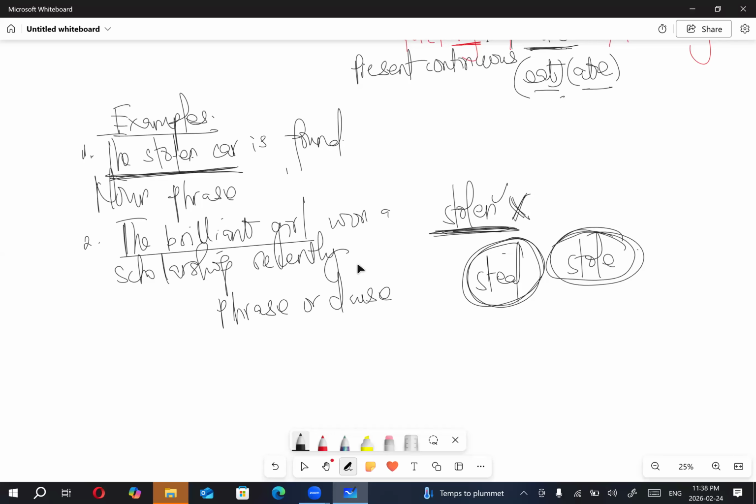Now, in the underlying words, we have to look for a finite verb because that's what is going to help us choose one. So in the underlying words, is there a verb? Then we look at whether it's even a finite verb or not. Is there a verb? There is no verb, because there is an article.